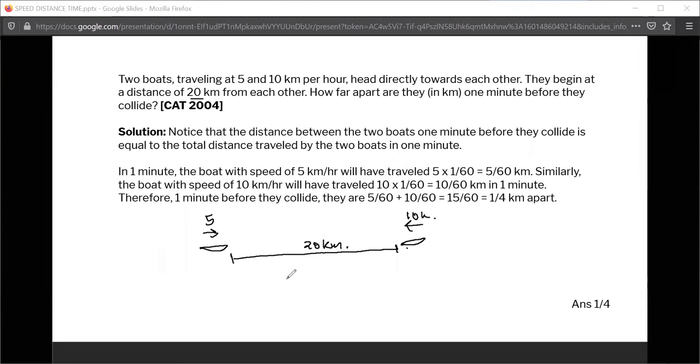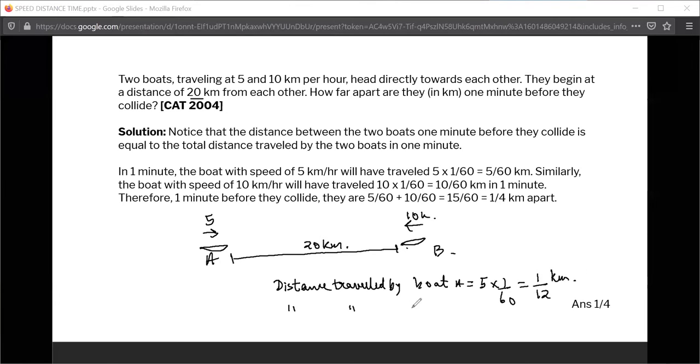If you consider the last minute before collision, suppose I call this boat A and this boat B. Distance traveled by boat A will be speed into time. Time is 1 minute, that is 1 by 60 hours, so it will be 5 times 1 upon 60, that will be 1 upon 12 kilometers.